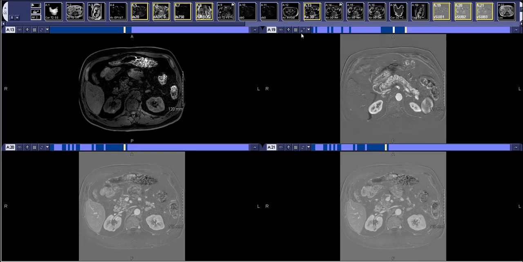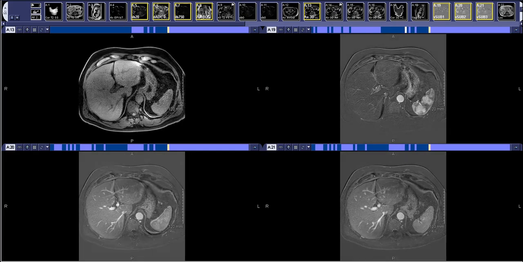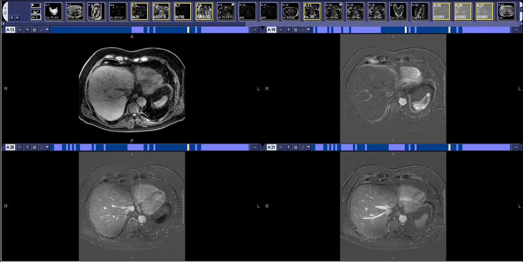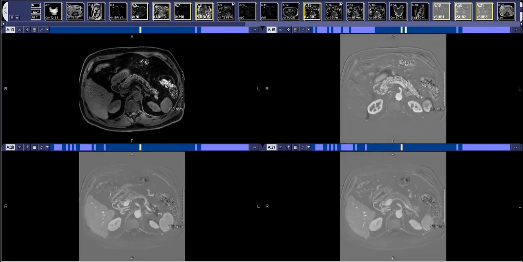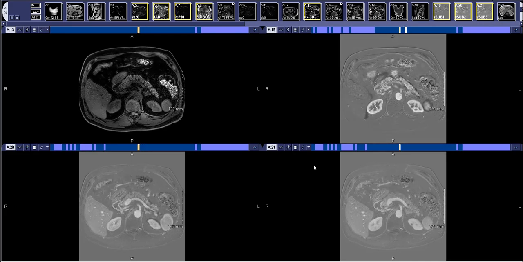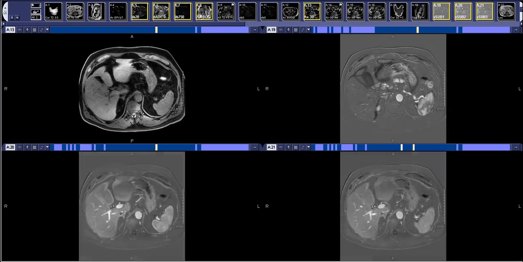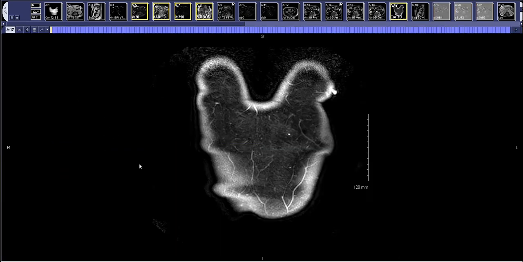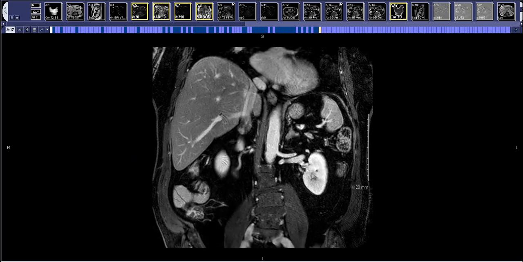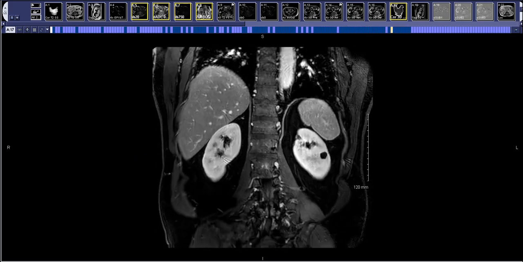And of course, on our post-contrast sequences, we're going to do the rest of our search pattern, looking for any enhancing lesions in all the other abdominal organs, looking at the aorta and its major branches, looking at the major venous structures to assess patency. Finally, we have our coronal post-contrast. The coronal, I think, gives us a really nice overview of the kidneys.